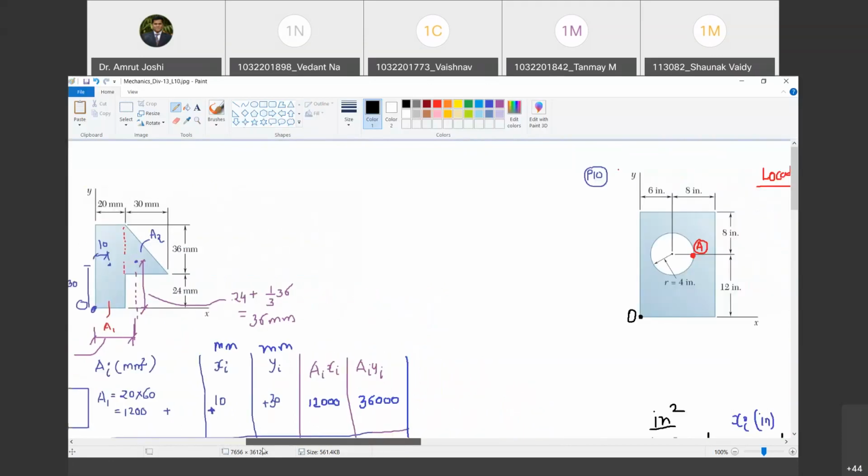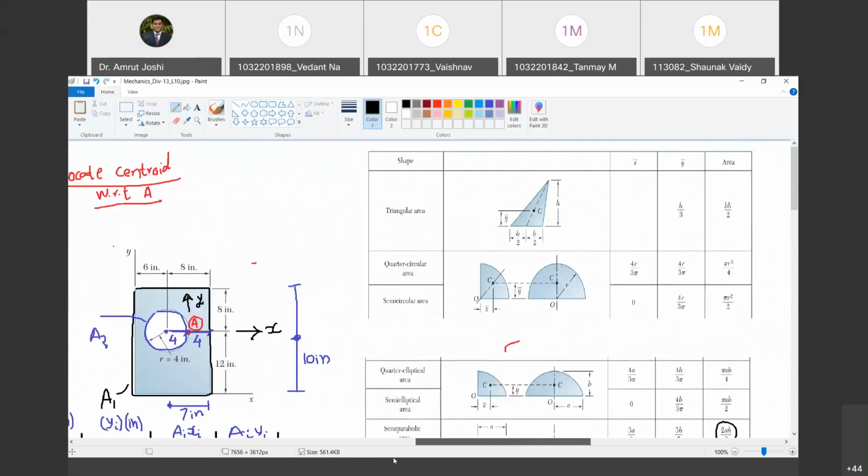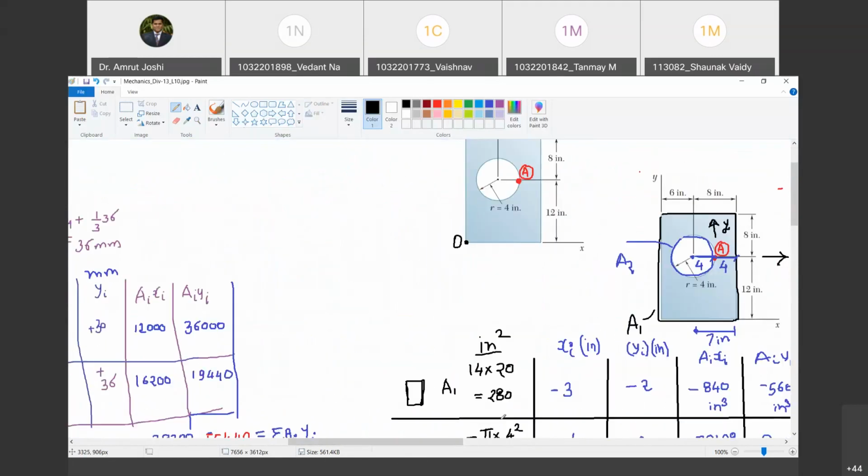Happy? Yes, sir. Okay. So we are done as far as the centroids of lamina are concerned. Lamina matlab kya? It is a 2D figure for which thickness is constant. Are you with me? Yes, sir. तो उनके centroid हमें अभी समझ में आ रहे हैं.